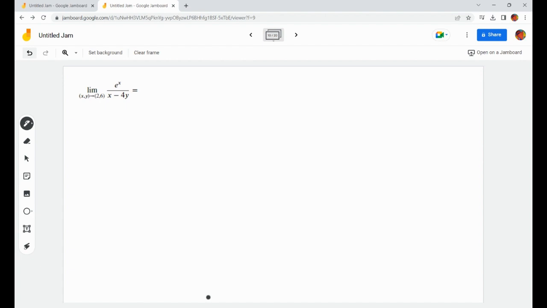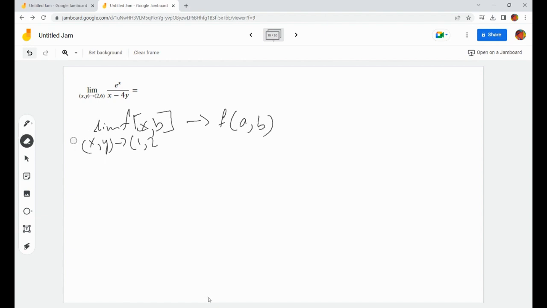Continuity: if two-variable functions are continuous, they have a limit, which means the limit of f(x, y) as (x, y) approaches (a, b) equals f(a, b). Basically, it says if the limit of f as (x, y) goes to a point equals b, then it holds like that.